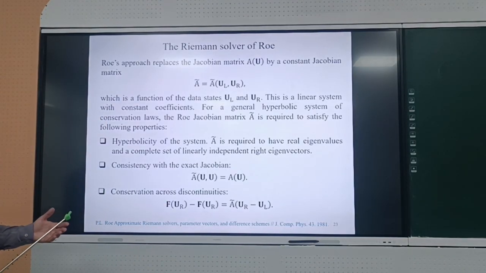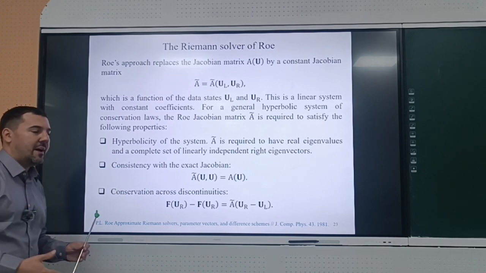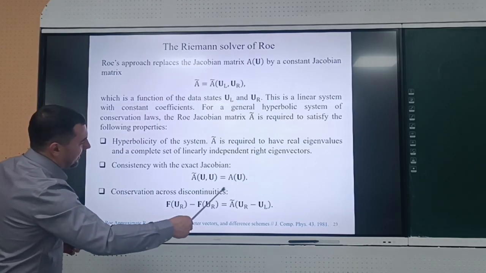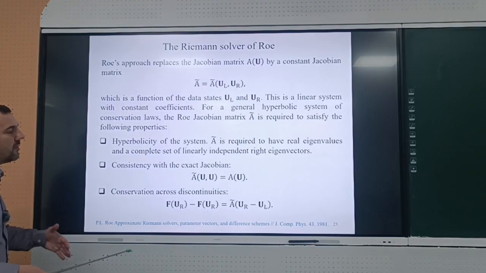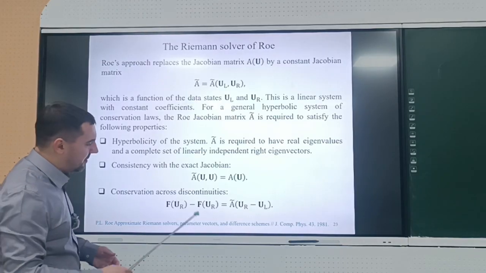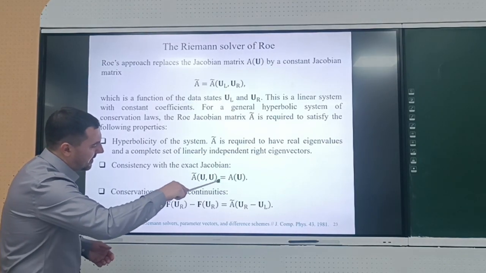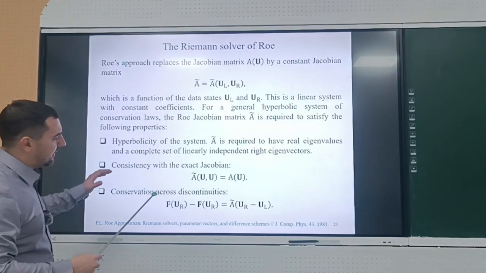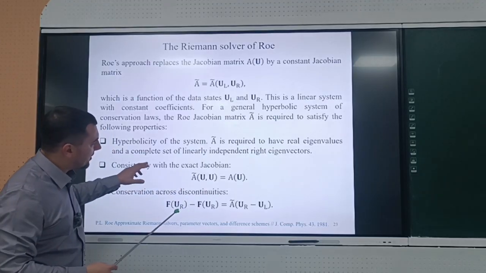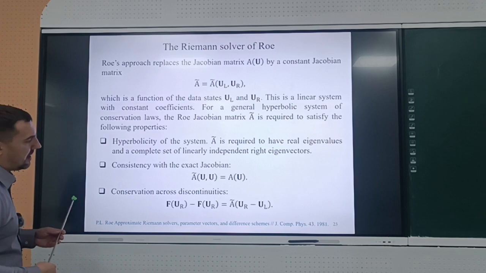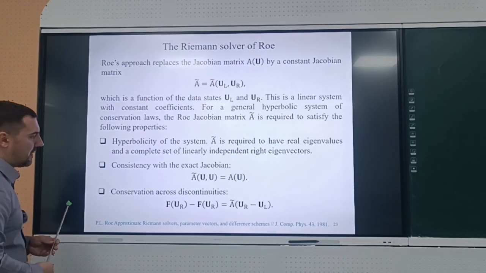But we also discussed that in the presence of shocks, the consistency cannot be defined in the same manner as for smooth solutions. This property looks like the definition of consistency for finite volume methods: the numerical flux is consistent with the initial problem if the numerical flux of U and U equals F of U. This is just a remark that this requirement is the same as for finite volume methods.